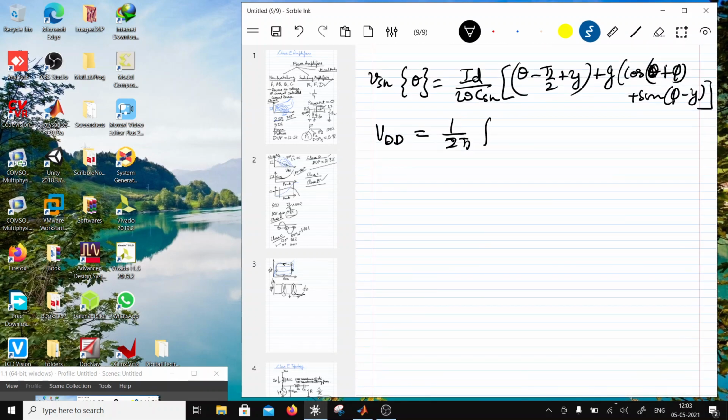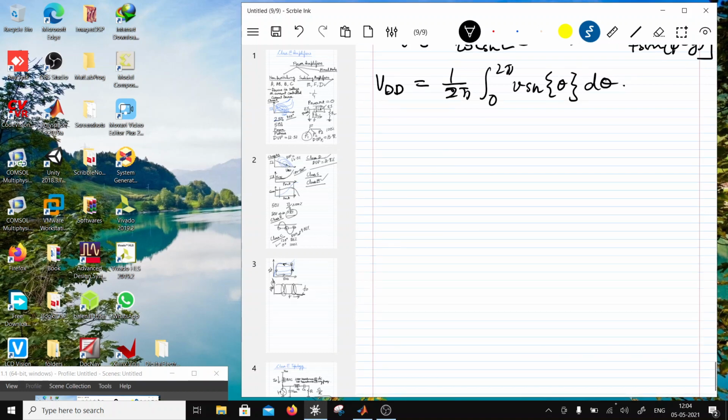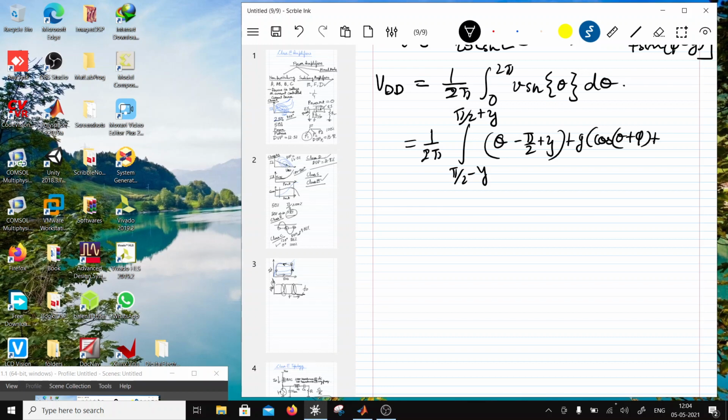So in this case, V_DD is 1 over 2 pi integral from 0 to 2 pi of V_SH of theta d theta. Then I can write this as 1 over 2 pi times the integral from pi by 2 minus y to pi by 2 plus y of theta minus pi by 2 plus y, plus G times cos of theta plus phi plus sine of phi minus y, d theta.